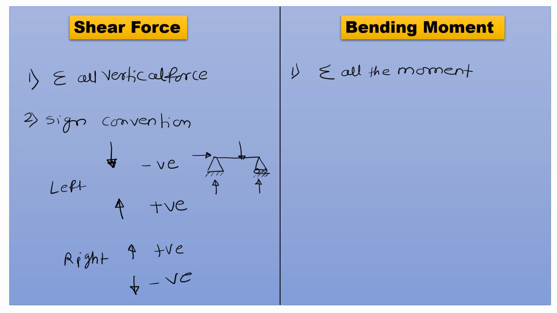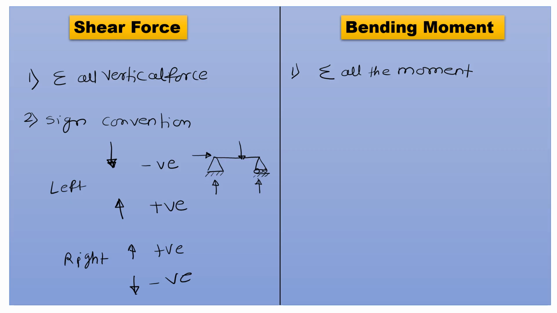So here, what is right side and what is left side? Right side means whenever you calculate the shear force from this point to the right, then take this sign convention, and whenever you start from this point and calculate in the left direction, then take the left direction sign convention.